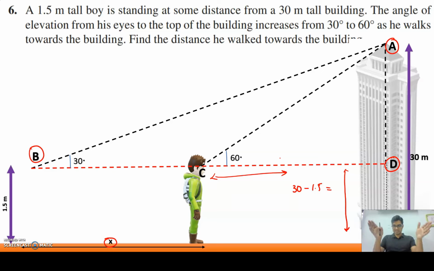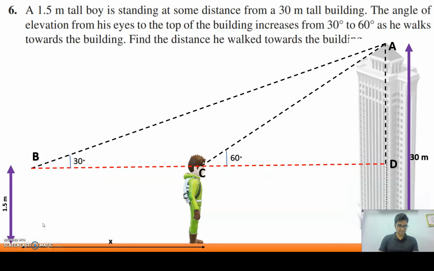We have a bigger distance and we know the shorter distance. Then automatically we can calculate BC. We just need to do the simple subtraction. Very simple sum. I hope you have understood with this diagram. So let us quickly solve the question.